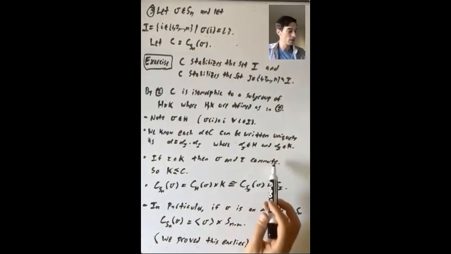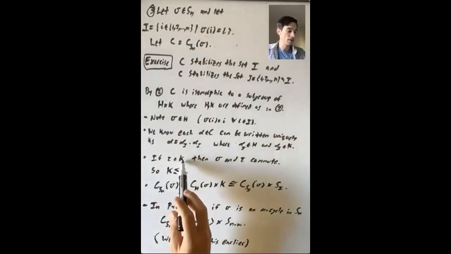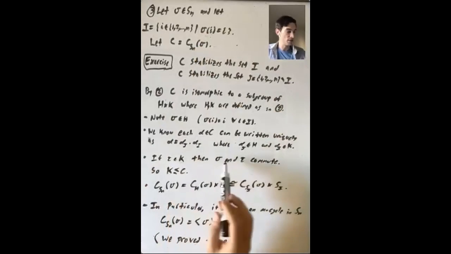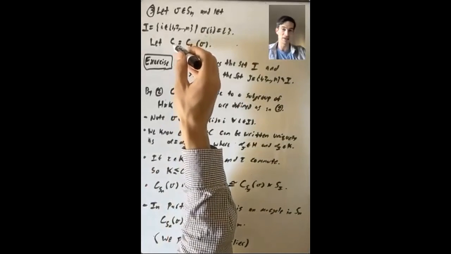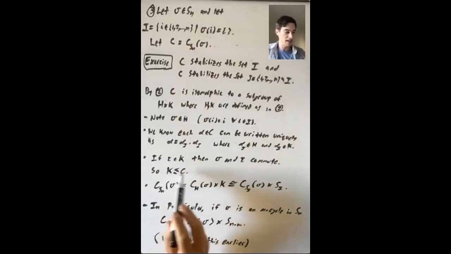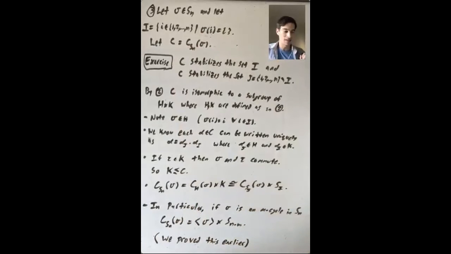So what does that mean? Any tau in K commutes with sigma. So in particular, it's in the centralizer. So that means that K is a subgroup of the centralizer. So now what do we know about the centralizer?